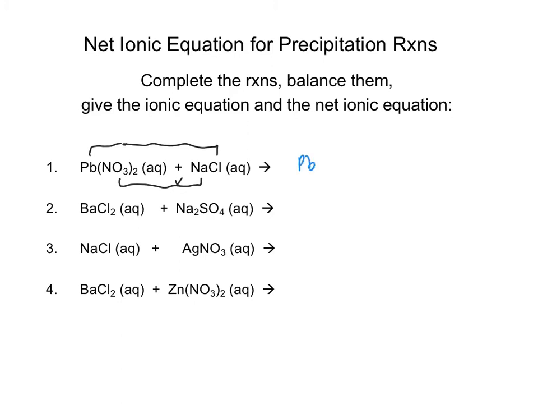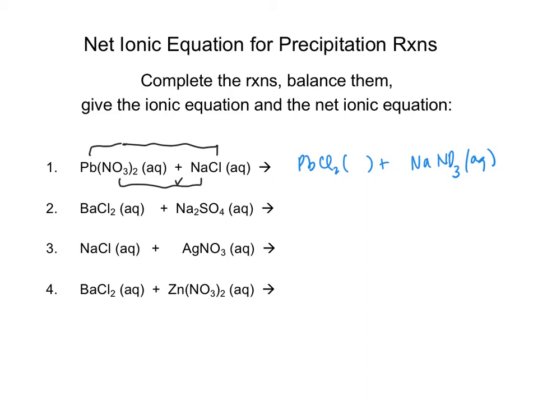So you got lead, and lead's got a 2+ charge. You're going to need 2 chlorides. You got to get the formulas right. And the other one is going to be sodium nitrate. So we know for sure that this one is going to be soluble.